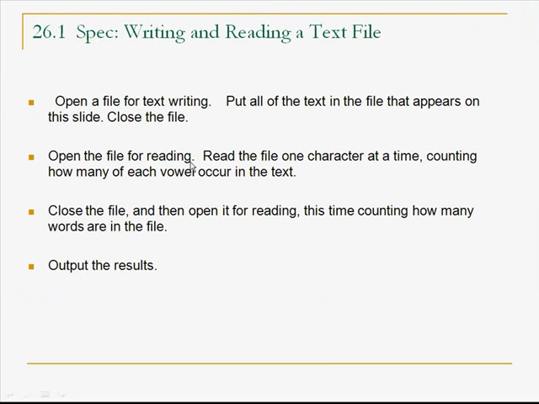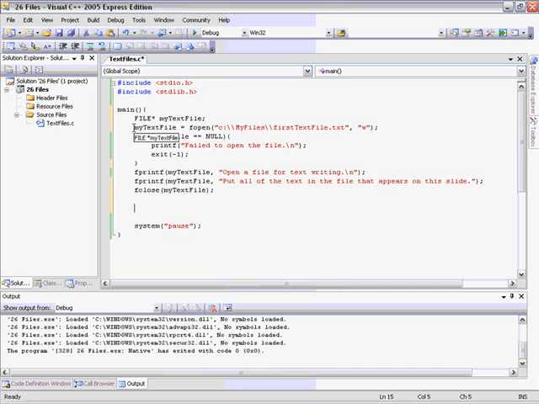Open the same file for reading, and then we're going to read one character at a time, counting how many of each vowel occurs in the text. So let's do the same thing again, almost. We're going to open the file, but this time instead of for writing, we're going to open it for reading, and then we will make a loop that will read the characters from the file one by one.